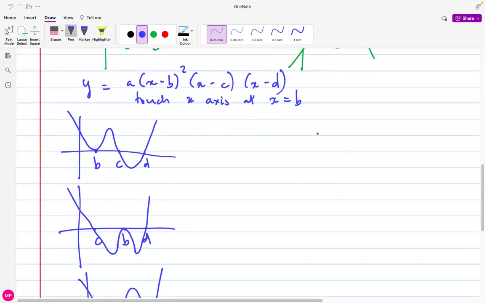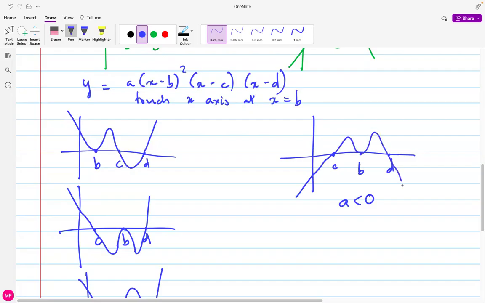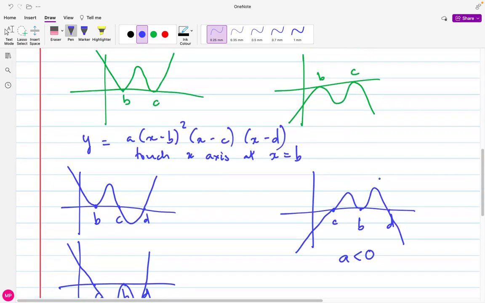Similarly, if you have a negative shape, with C here, B here, and D here, this time you start from the bottom, you go to C and just cut through, you go to B, and at B you need to touch it, so you back up, then you go to D and just cut through, like that.